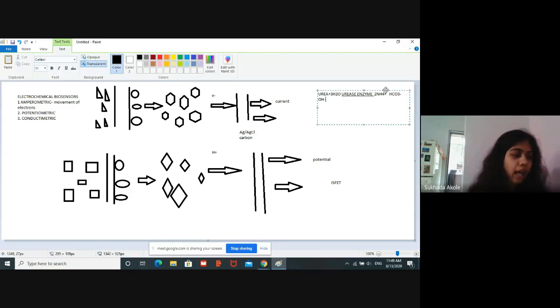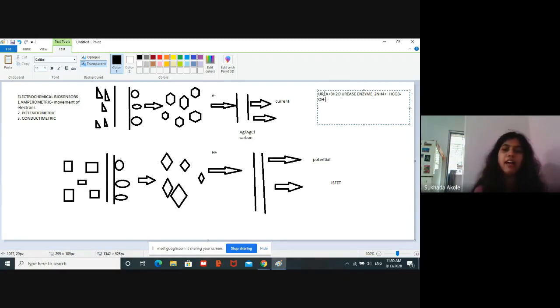And then the conductance of the material will be seen, because when you change urea to NH4 plus, the conductivity of the material increases, more amount of electric impulse can be passed through it, and therefore we measure that change in the conductivity of the material. In the above reaction, we can see a drastic alteration in ionic concentrations, which can be used to look at the urea concentration of the sample.